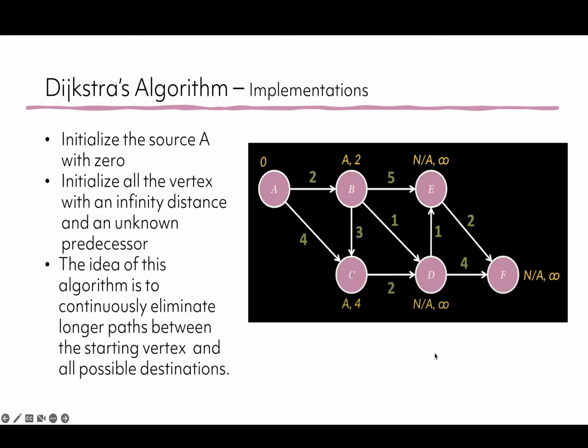First of all, we always initialize the source A with 0 and initialize all other vertices with an infinite distance and an unknown predecessor. The idea of this algorithm is to continuously eliminate longer paths between the starting vertex and all possible destinations.